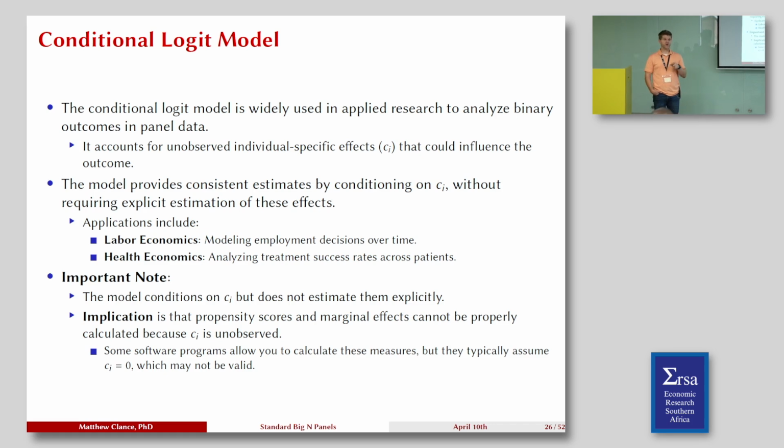All right? So if your primary concern is to be able to talk about the marginal effects, the effects on the probability, you're left with trying to figure out what to do. Okay, so just keep that in mind. You will get something that comes out, but it's going to make certain assumptions about the CI term since it wasn't explicitly estimated.